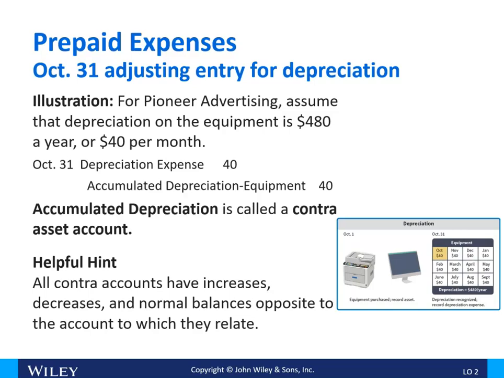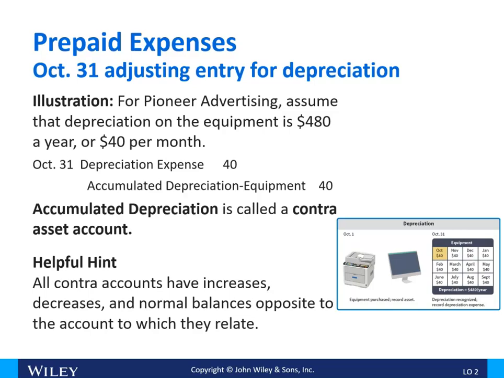Unlike prepaid insurance or supplies where we credit that account directly, we're going to credit this contra asset account. So we show the initial cost, the historical cost, in one account, and we show the reduction in a separate account. A little bit confusing, but no one said accounting was straightforward.